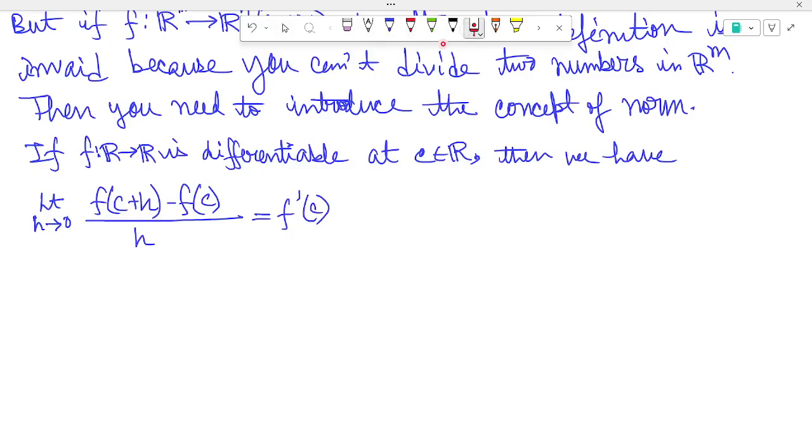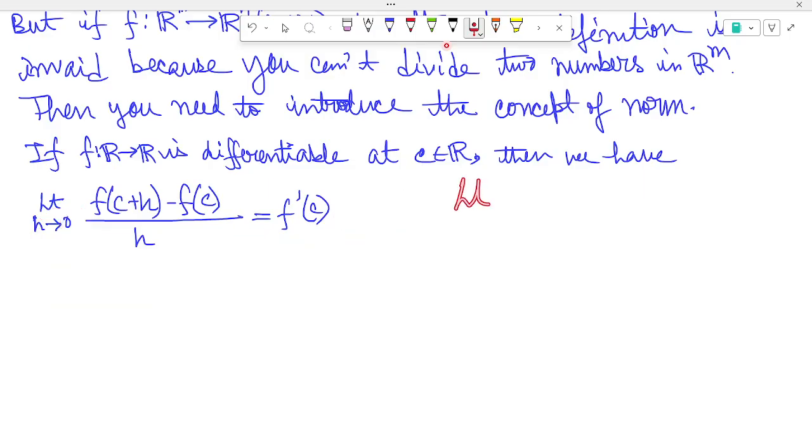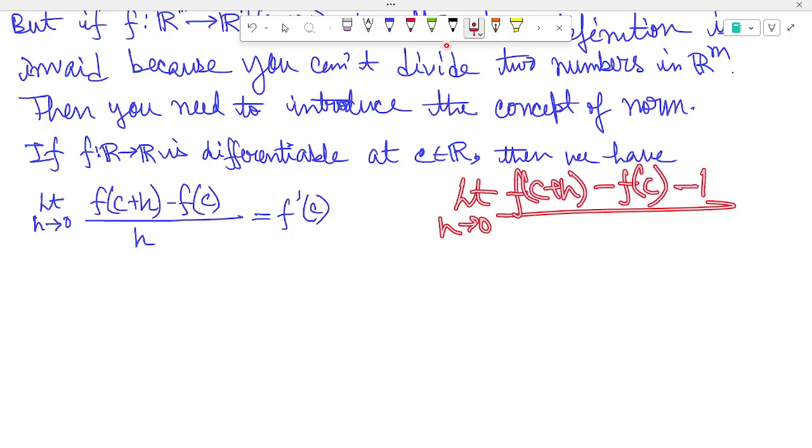So do one thing. Since h tends to 0, h is not equal to 0. So on the right hand side, I can multiply h in numerator and denominator and take this side. That will give me limit h tends to 0 of f of c plus h minus f of c minus h f dash c by h equal to 0.